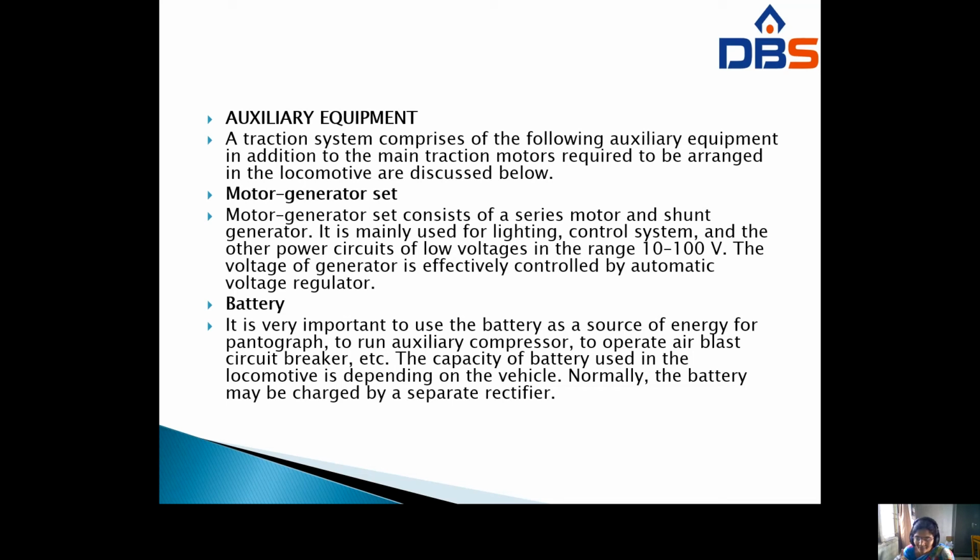The motor is a series motor and the generator is a shunt generator. It is mainly used for the lighting control system and other power circuits for low voltage in the range of 10 to 100 volts. That means for lighting purposes, as well as controlling purposes and giving power at low voltages in the range of 10 to 100 volts.